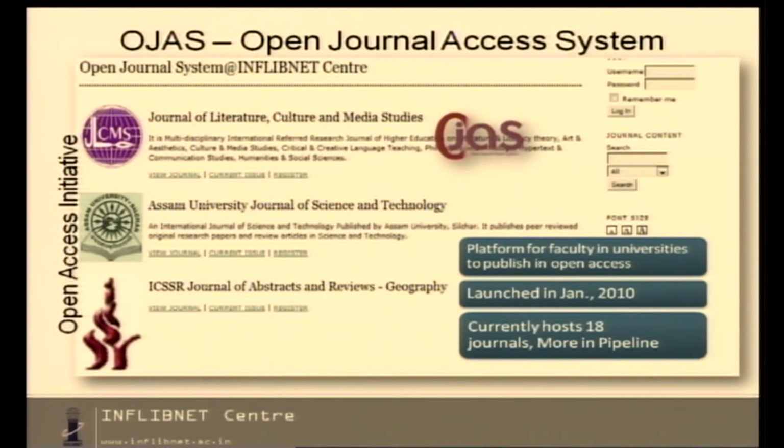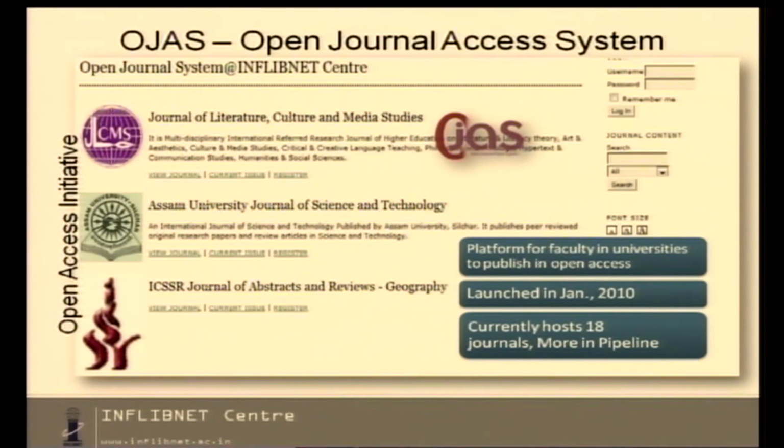OJS, like I mentioned, is the Open Journal System. It is a platform built on open source software, again called OJS, and this platform basically invites faculty and students in colleges and universities to start their own open access journals. For these open access journals, we create a login ID and password, their account, and that account is handled directly by the editor of the journal.